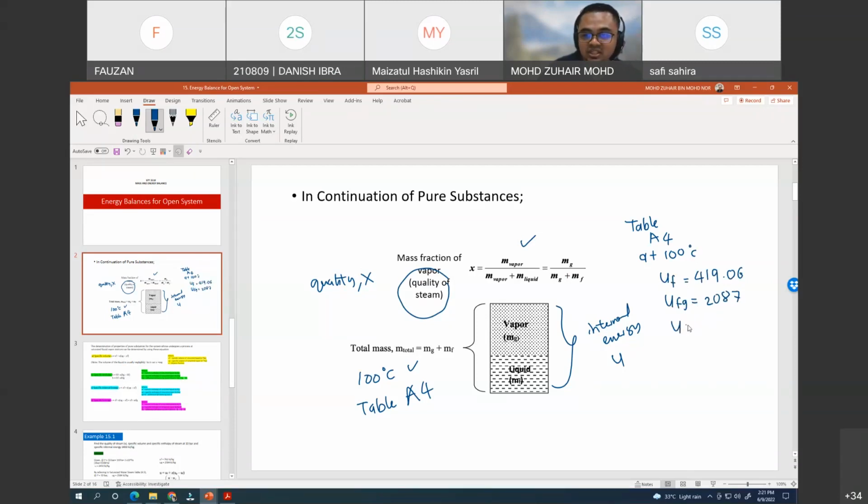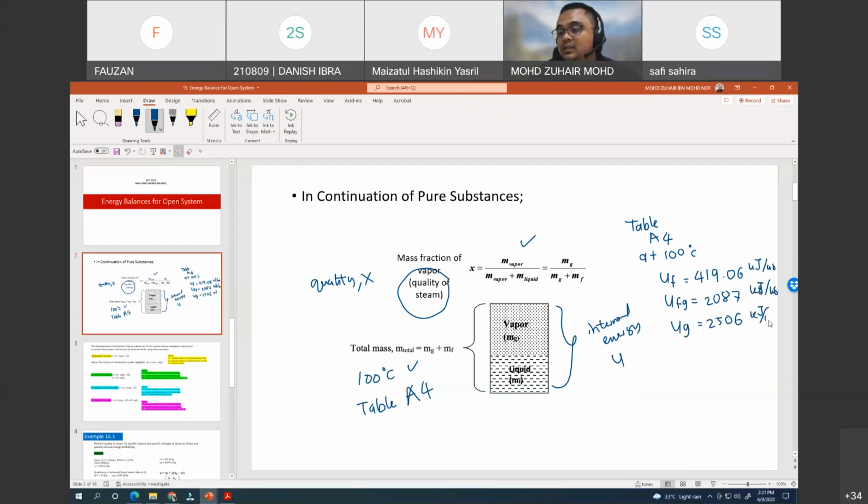Okay, what about Ug? 2506. 2506. Okay, thank you. All of this is in kilojoule per kg, right? So this is all specific internal energy.